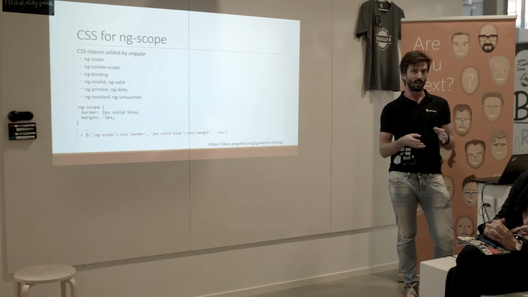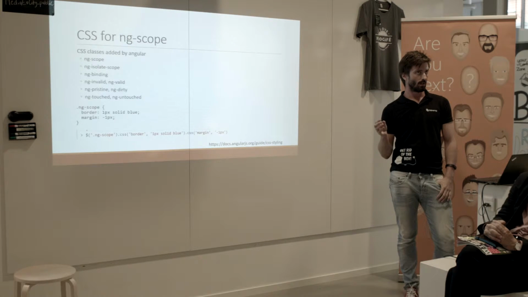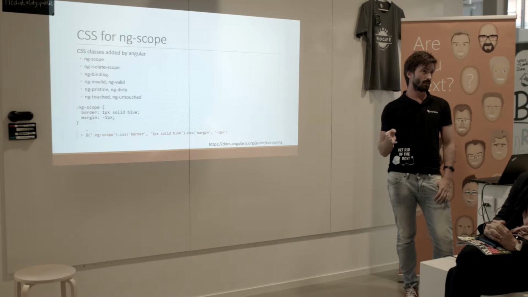So basically every input gets the ng-pristine at the start when you open the web app, and when you click it, it gets changed to ng-dirty instead. And similarly, the touched and untouched are used by Angular to indicate that it has been focused or unfocused or blurred in web lingo.